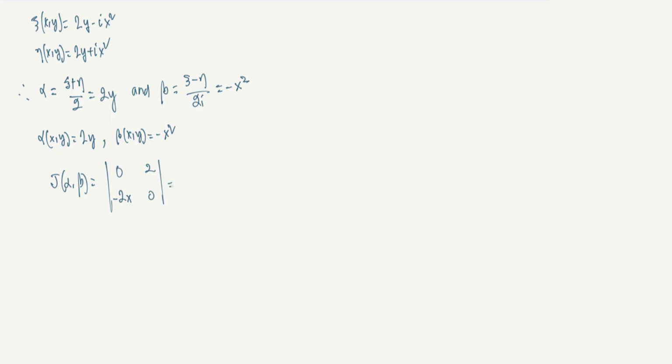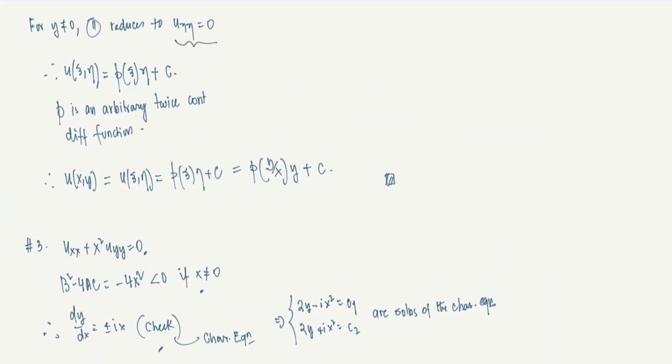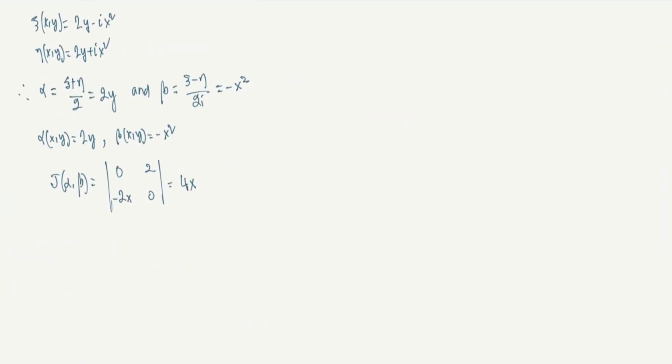So if you calculate it, it becomes 4x. Okay, and you see x is not 0. So in the region where x is greater than 0, this change of variable will work.